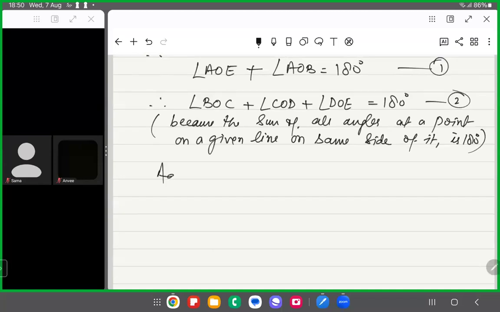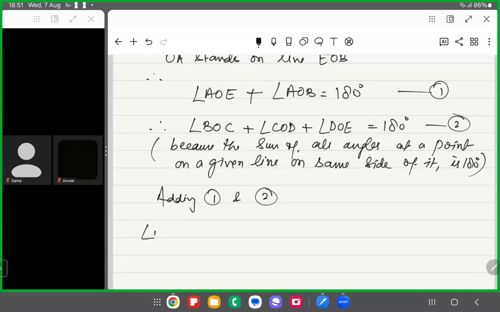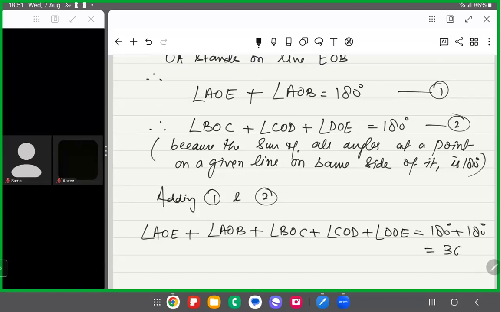Now add them, adding 1 and 2. What will you get? Angle AOE plus AOB plus angle BOC plus angle COD plus angle DOE is equal to 180 plus 180, that is 360 degrees. Getting that?